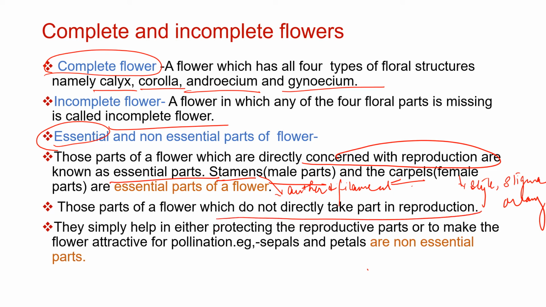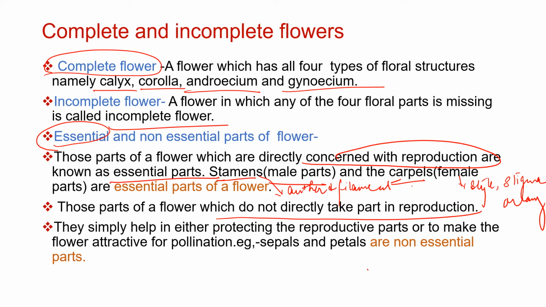They simply help in either protecting the reproductive parts or making the flower attractive for pollination. That is sepals and petals. These are not directly important for the plant, but they make the flower more attractive for pollination. They do not produce any male reproductive part or any female reproductive organs.